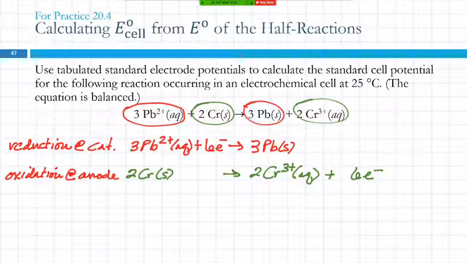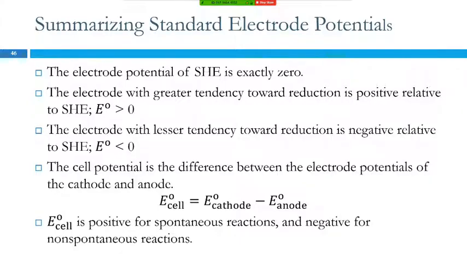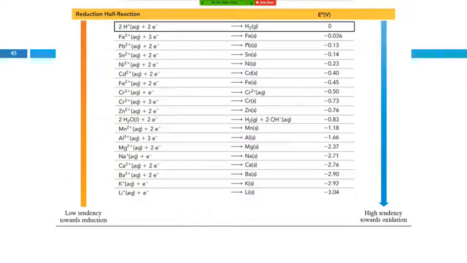So what we need are the standard electrode potentials for these two things. Well, we're going to go look them up. So we had, it was chromium 3 to chromium, right? So that's negative 0.73.